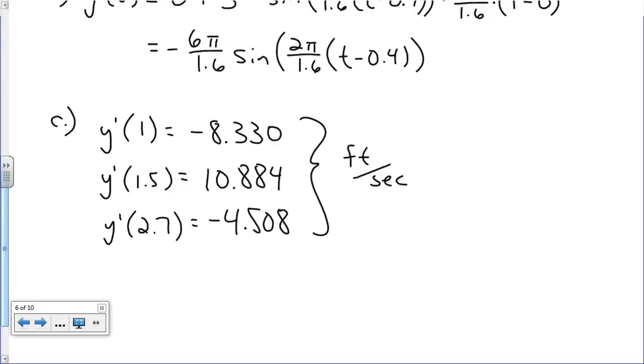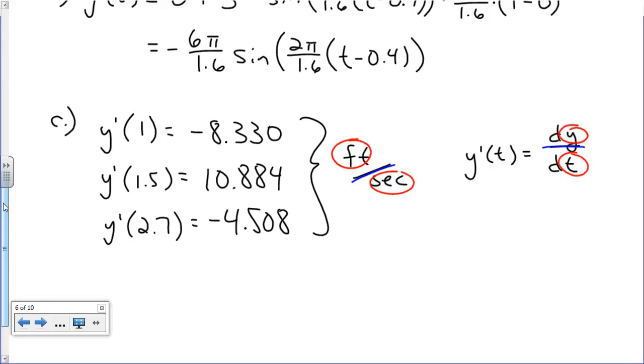And again, if you go back to the other way that we can write the derivative, remember y prime of t is the same as saying it's the change in y, dy, over the change in t. And that really helps you see the units here, that y is measured in feet divided by t, which is measured in seconds.